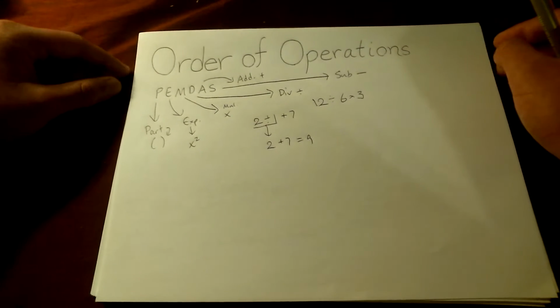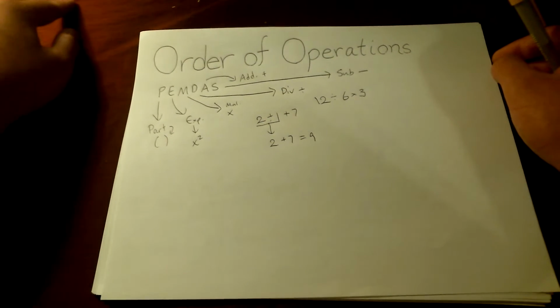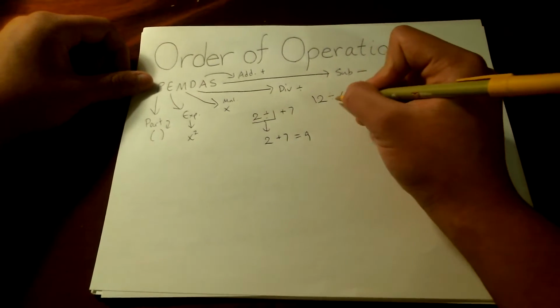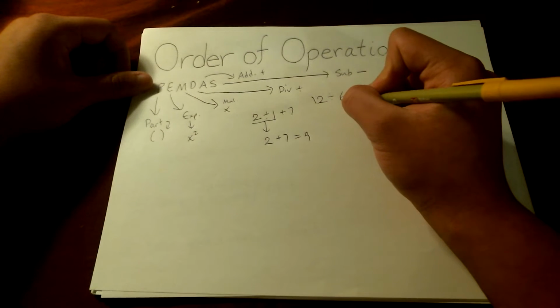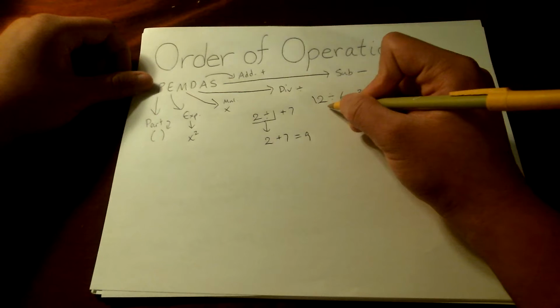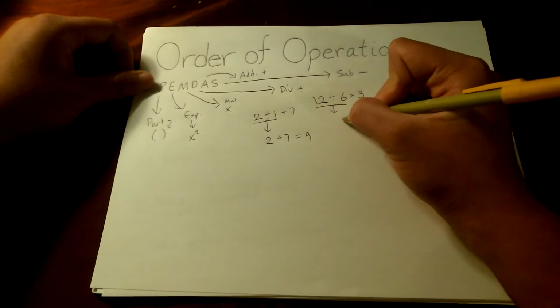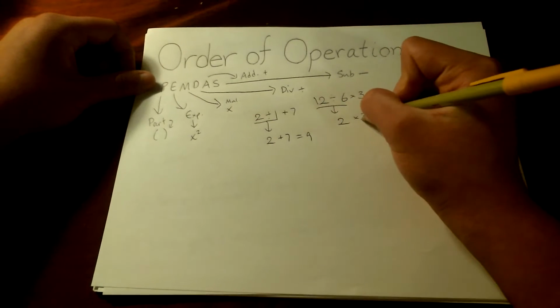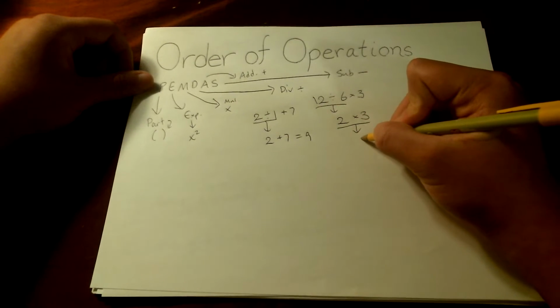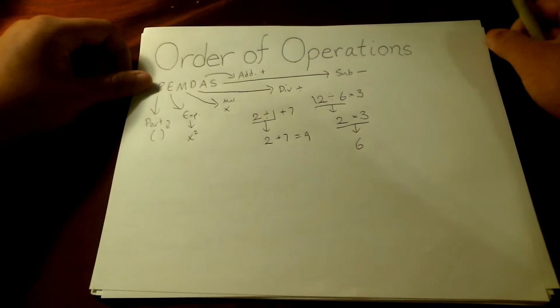So the same can be said with addition and subtraction. All right, so in this equation, we will have to solve 12 divided by 6 first before we multiply all of that by 3. So this would be 2 times 3. And we would just have to solve this, which equals 6.